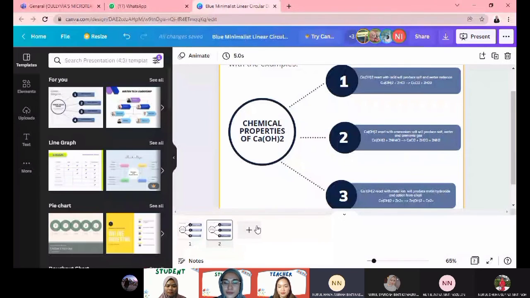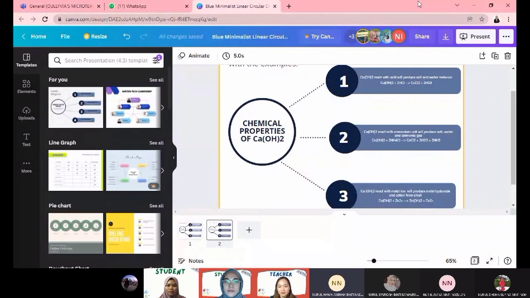While the second reaction is the alkali reacting with ammonium salt to produce salt, water, and ammonia gas. We can see that calcium hydroxide that acts as alkali reacts with ammonium chloride, which is ammonium salt, and produces a salt called calcium chloride alongside water and ammonia gas.